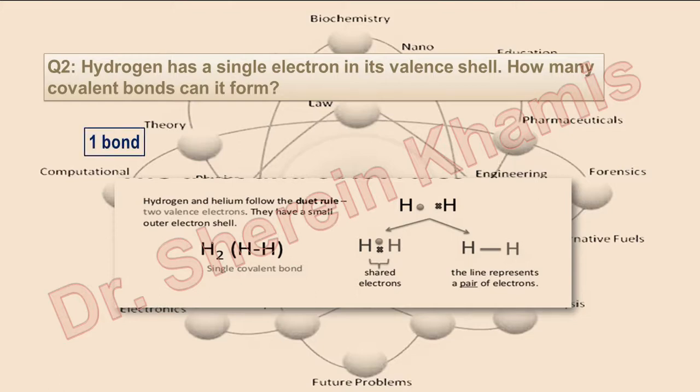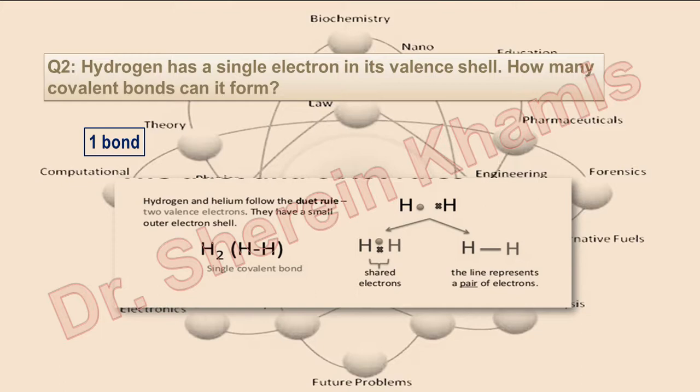It will form one bond. Here is the structure of one hydrogen atom and the other hydrogen atom. What does the line represent here? A pair of electrons. If we make dots like this or a straight line between the 2 hydrogen atoms, we mention that we have a single covalent bond inside the hydrogen molecule.